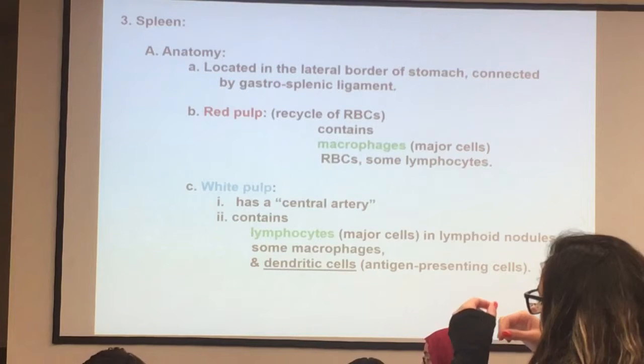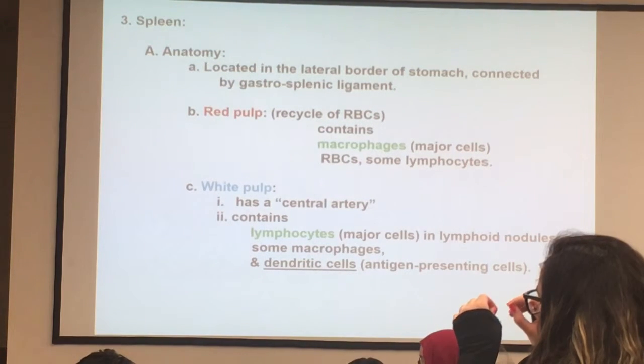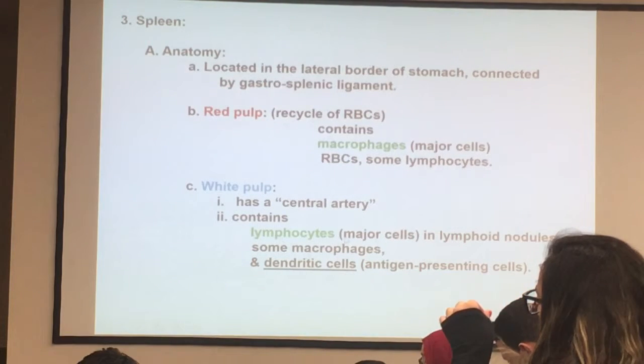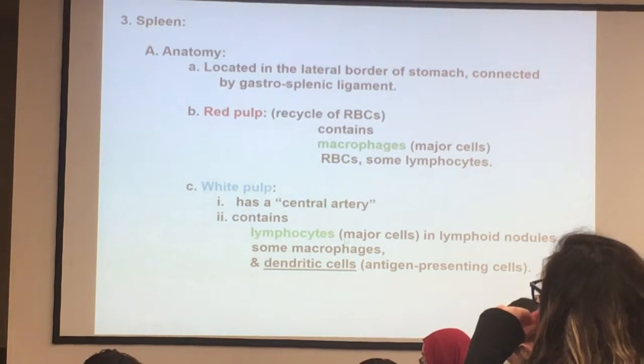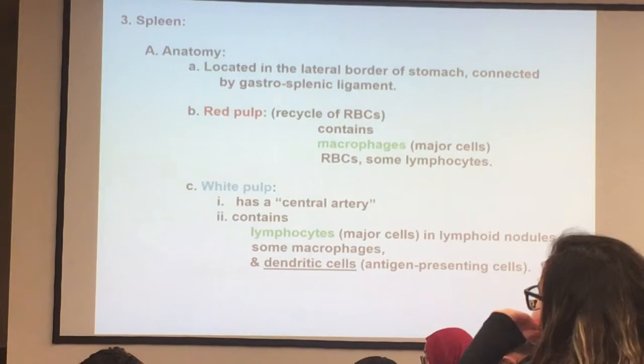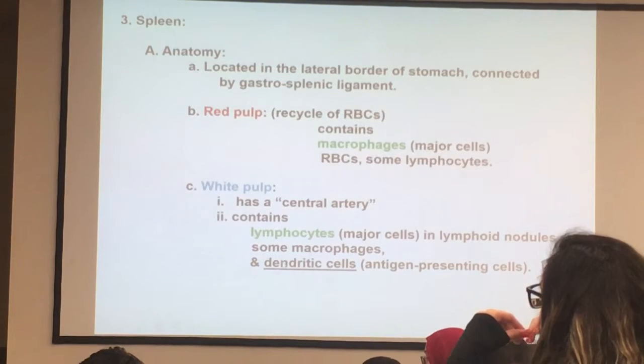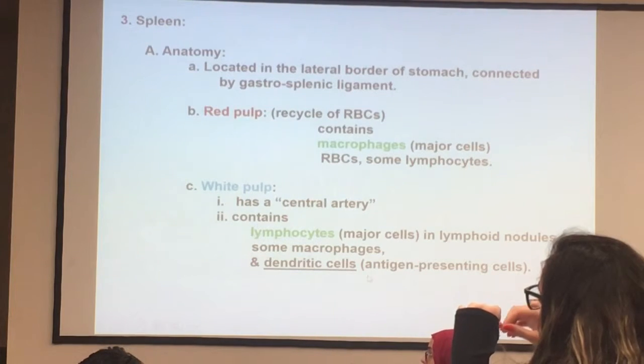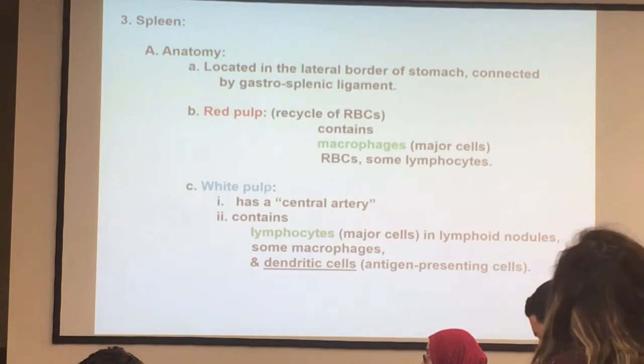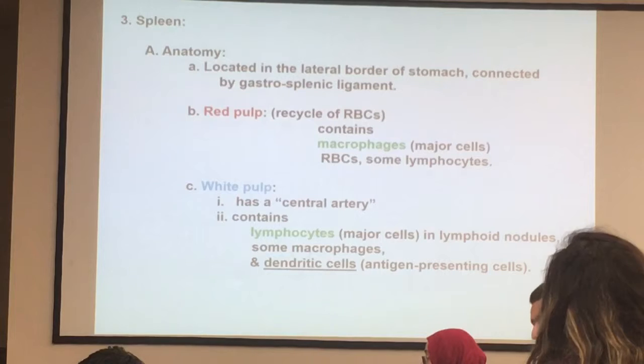We detect it from the spleen. We detect it from where? From the white pulp, and it contains the major cell, the lymphocyte, B lymphocyte or T lymphocyte, and some macrophage. They also have dendritic cells, which are also called antigen presenting cells, to show and respond like a police to the immune system.